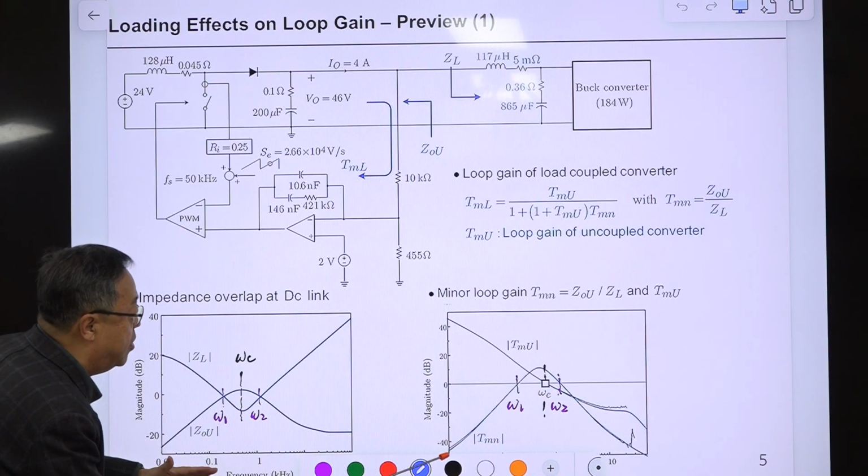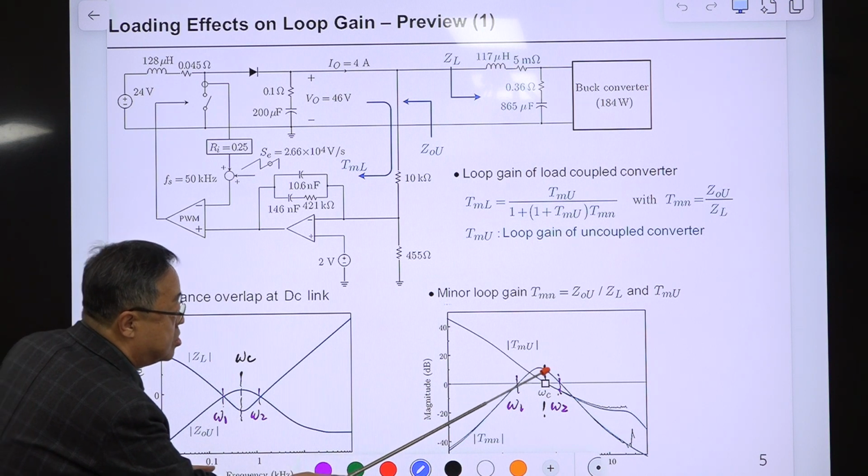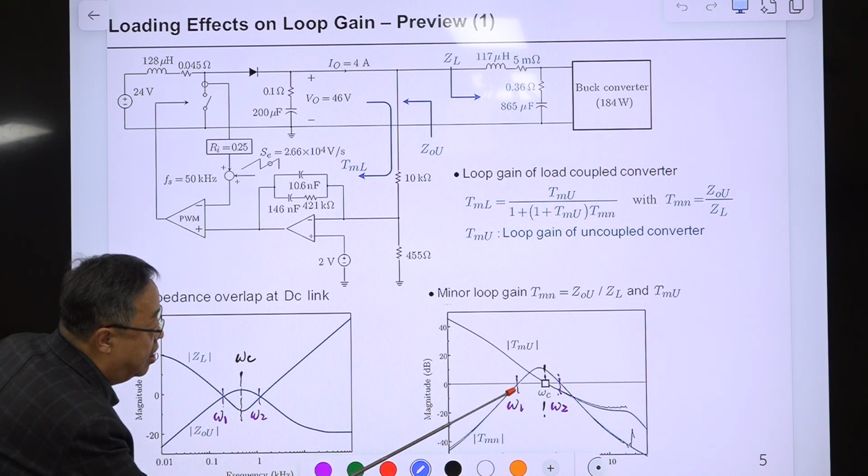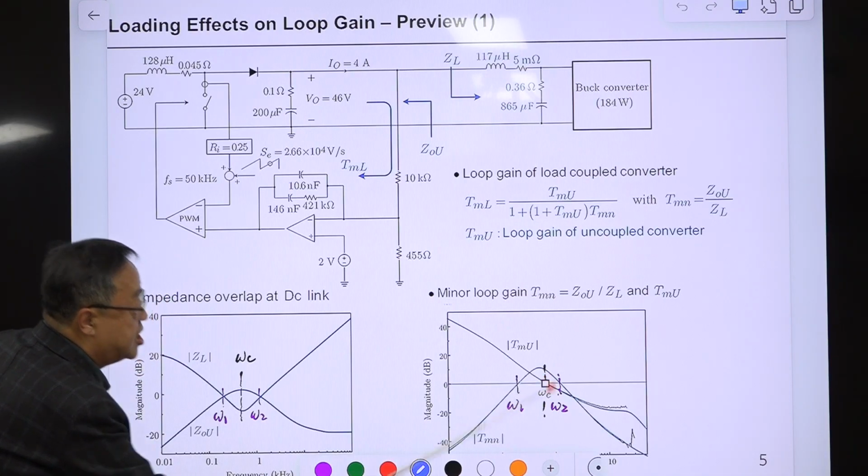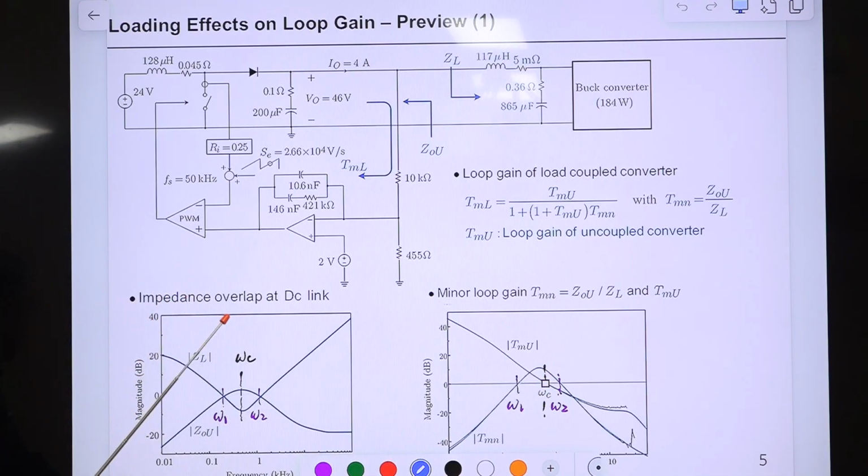So this slope is much faster than this, and this slope is much faster than this. So between omega 1 and omega 2 we have this omega C, right? So this is the general case. Maybe 99% of practical converters will be like this.